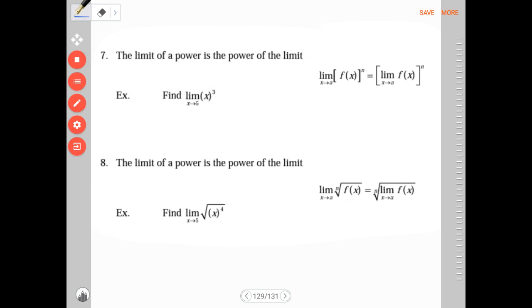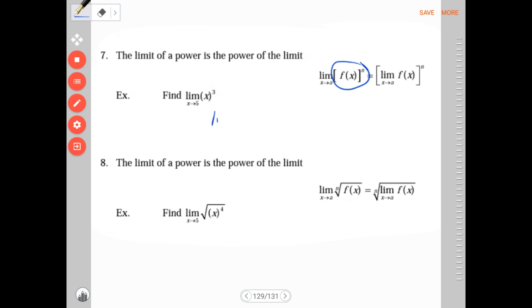Okay, a couple more. The limit of a power is the power of a limit. If I have some function squared or cubed or whatever, I just take the limit of the individual function and square it or cube it. For instance, find the limit of x cubed.